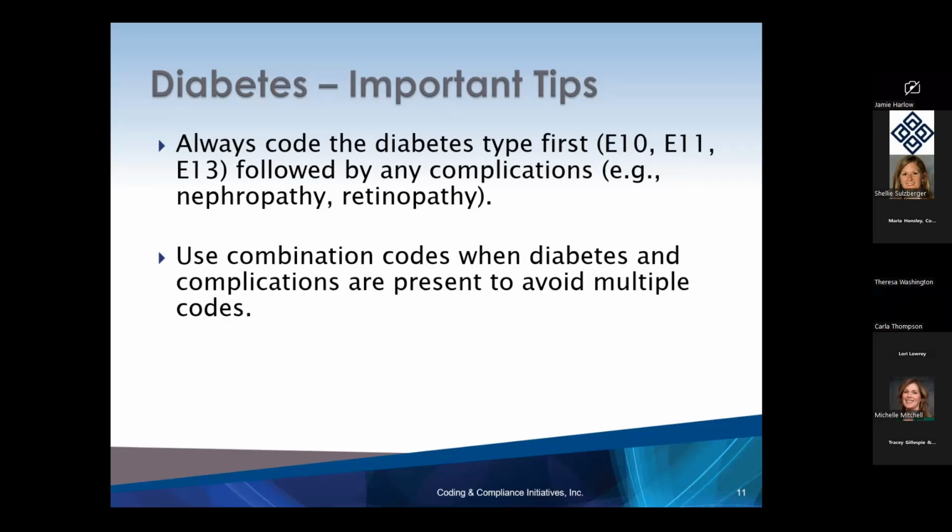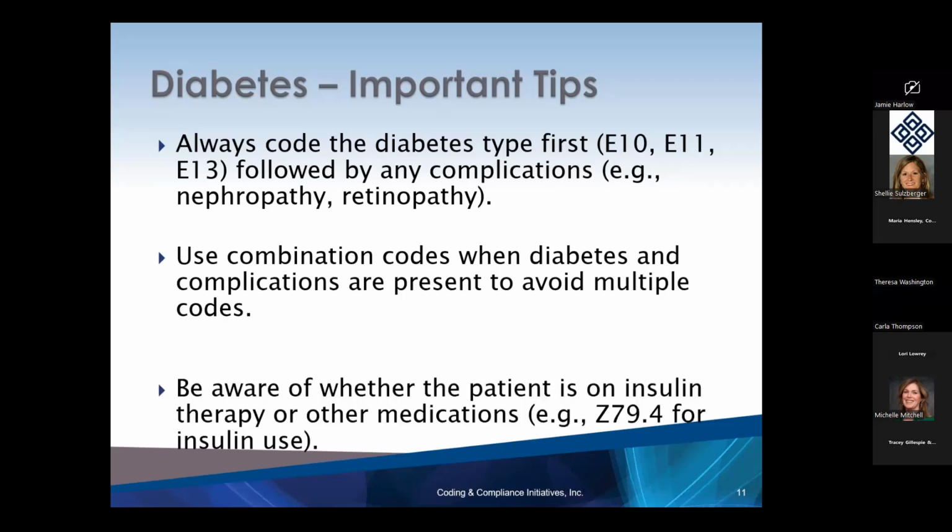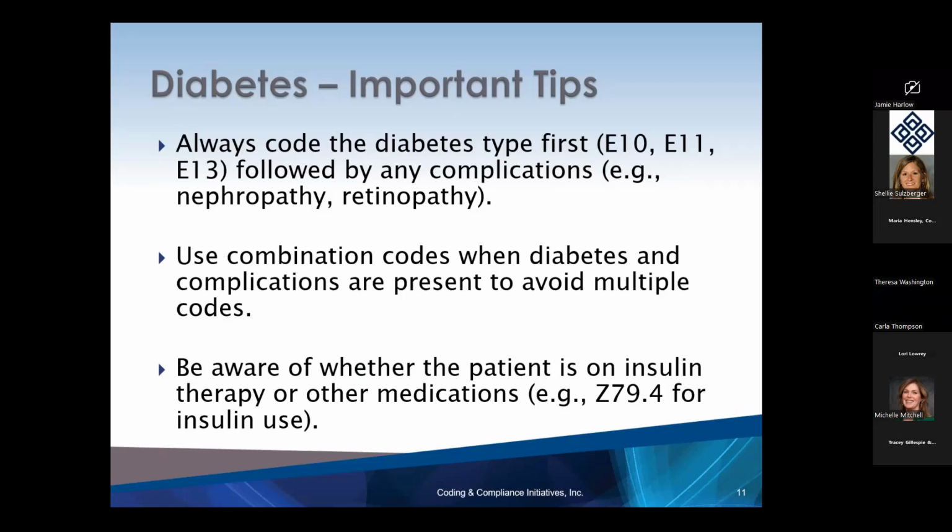In lieu of, don't report E11.9 followed by a neuropathy code. If the diabetes and neuropathy are related, use the combination code. And then we need to know, is your patient on long-term insulin? Long-term insulin is an HCC code, so that does describe the complexity of your patients for an E&M, but it also goes back to those HCC codes for value-based healthcare.